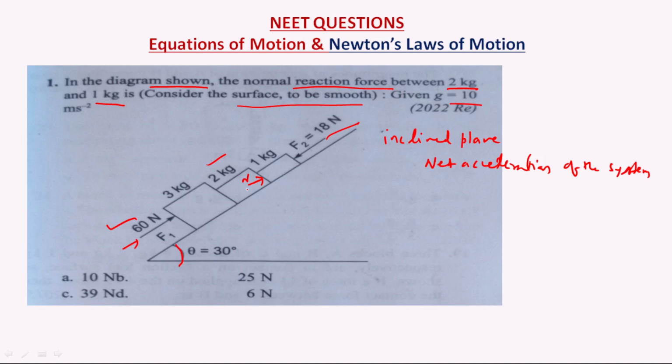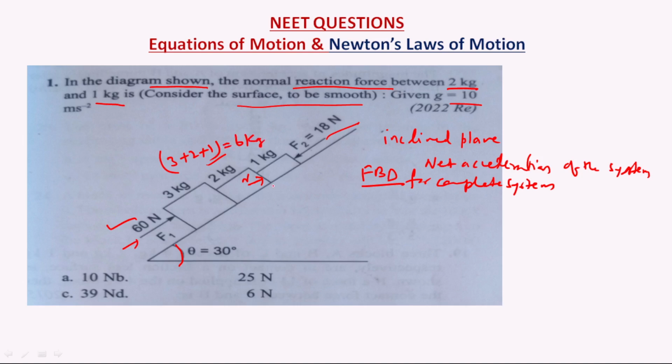So we make a free body diagram for the complete system. If we take all 3 masses, that is 3 plus 2 plus 1, that is 6 kg.